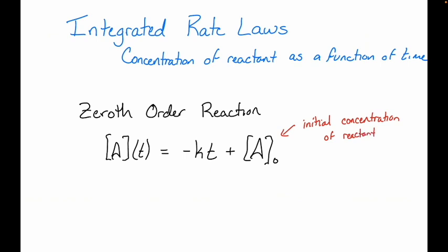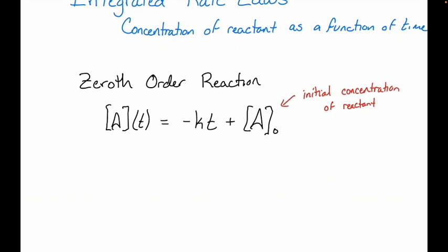So how much A is left over after a certain period of time will of course depend on how much you started with to begin with. And notice that our rate constant features in this equation as well. The larger that value of k, the quicker this reaction is going to go. We're going to consume reactant at a faster rate. So this would be for a 0th order reaction.